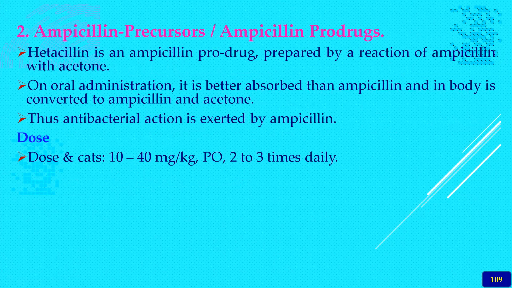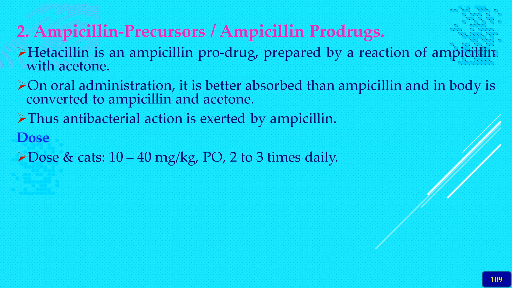The second category is the ampicillin precursors, or ampicillin prodrugs; hetacillin is an ampicillin prodrug. It is prepared by the reaction of ampicillin with acetone. So if you chemically make acetone react with ampicillin, then hetacillin will be formed. On oral administration, it is better absorbed than ampicillin, and in the body it is converted to ampicillin and acetone.